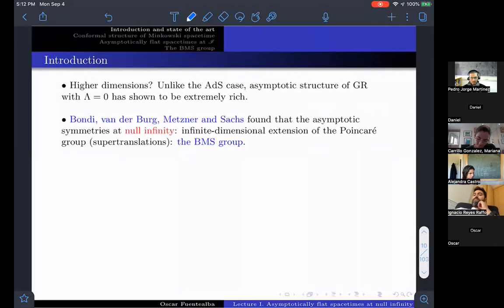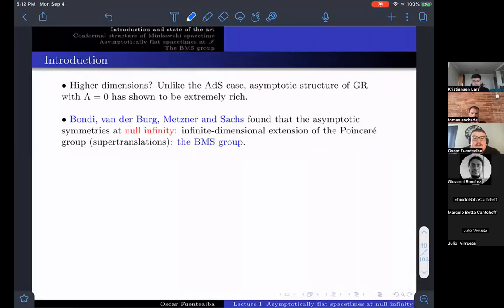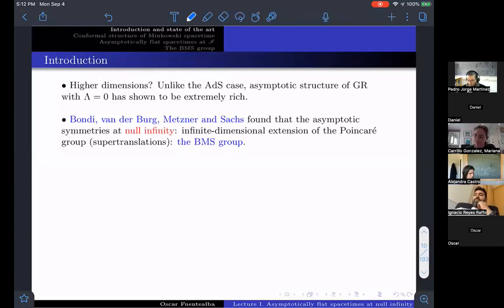They found that the asymptotic symmetries at null infinity are described by an infinite dimensional extension of the Poincaré group, where the Lorentz group, or the usual Poincaré group, is extended by an arbitrary function of the angular coordinates. And this is what people call nowadays the BMS group, but we know that there is a hidden V here for van der Burg.